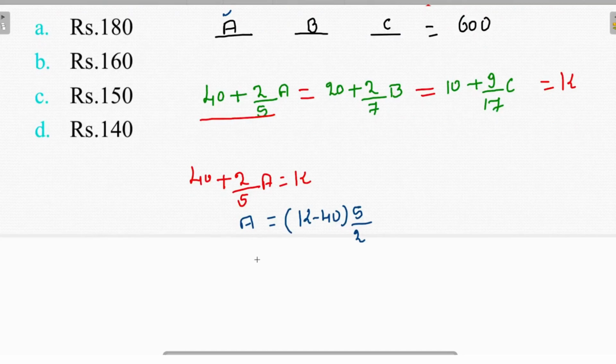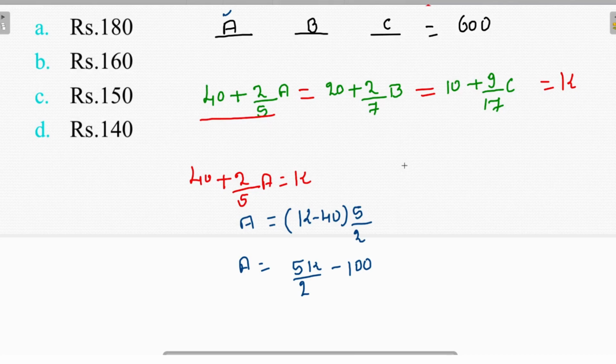Then if you solve this equation, A is equal to 5k by 2, or 5 by 2k minus 200 by 2. That will be A's value. 5 by 2k minus 100.